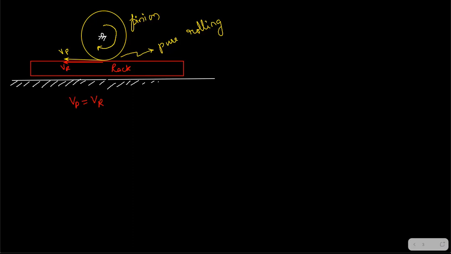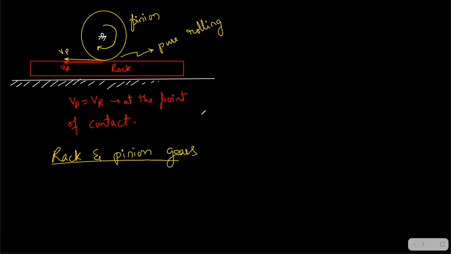It means the velocity of rack will be equal to the velocity of pinion at the point of contact. Okay, the special case arrangement is what? Rack and pinion arrangement. These are called rack and pinion gears. Let us write it down clearly. Rack and pinion gears. So this is about our introduction, students, and classification of gears.